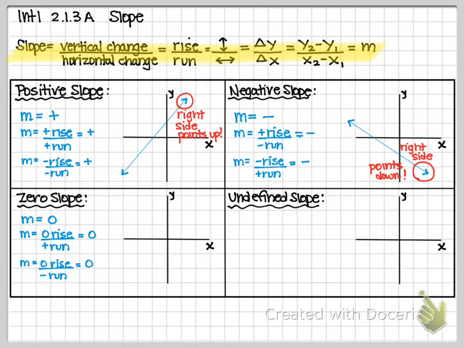So I can look at my graph. We're going to have a flat line. So no rise, no up and down, but we do have left and right. Now I'm not going to talk about what the right side of the graph does this time. I'm just going to talk about what it looks like.